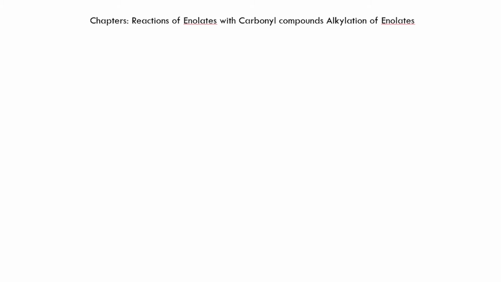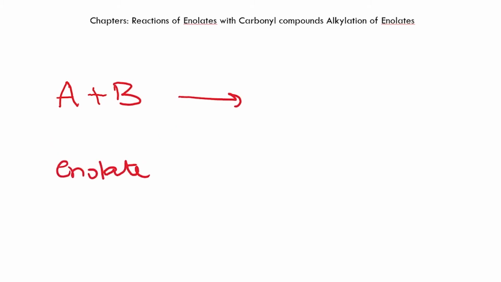So typically when you do an aldol reaction, you have a component A, and if it's reacting with itself, it's not a problem, but you have a component B. Let's say A is the enolate and B is the electrophile. Now the problem is that you need to figure out the reactivity of A and B properly.